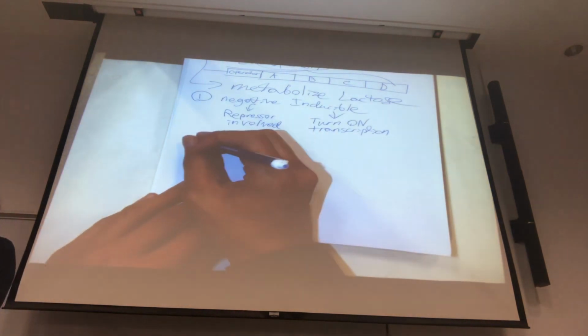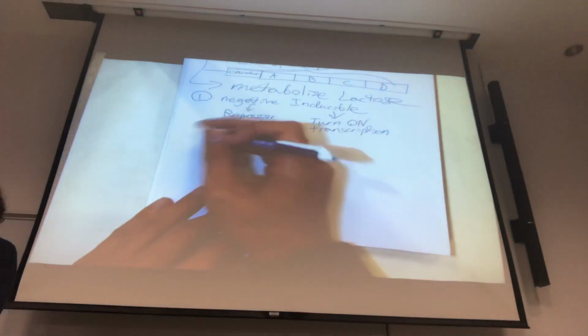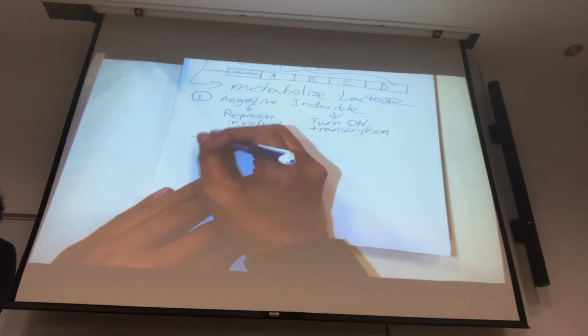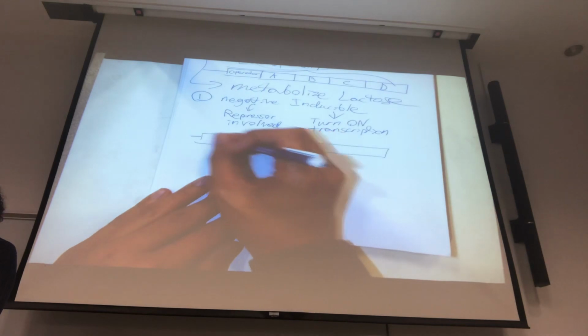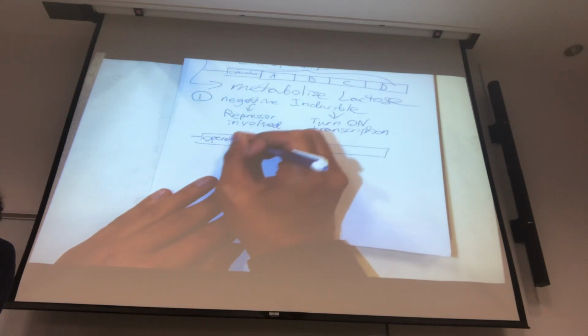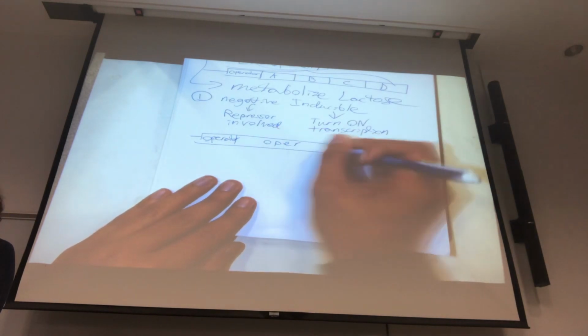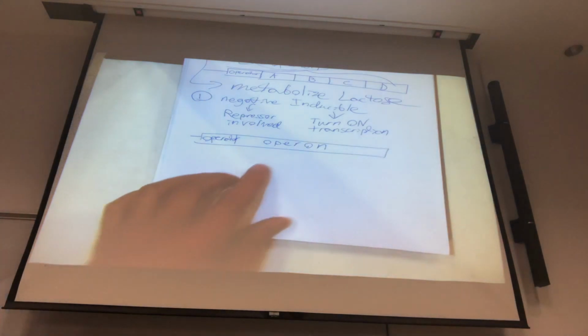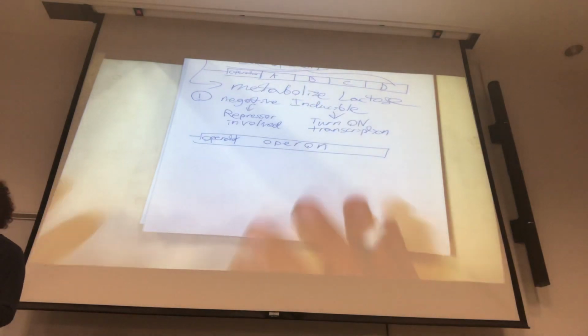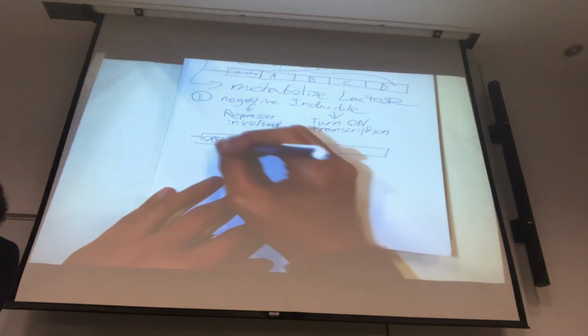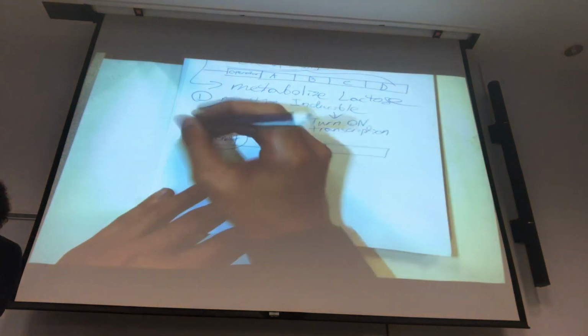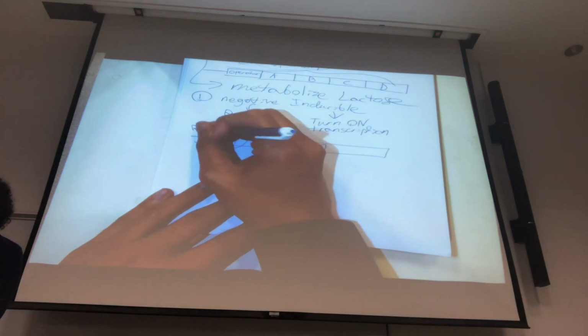Here's how it works. The only way for these two terms to make sense is if initially, and you know it's a good sign if a lot of you are bored about me talking about this, it means you know this very well, so that's good. So you have the operon here. The only way these two terms put together make sense is if there's a repressor that is by default on the Lac Operon.